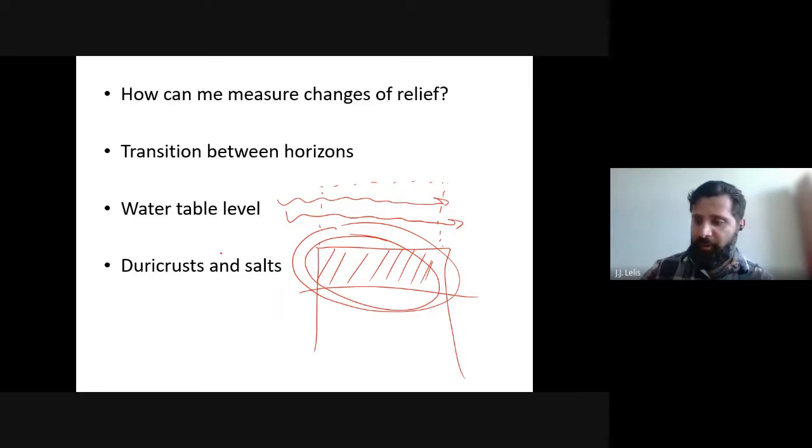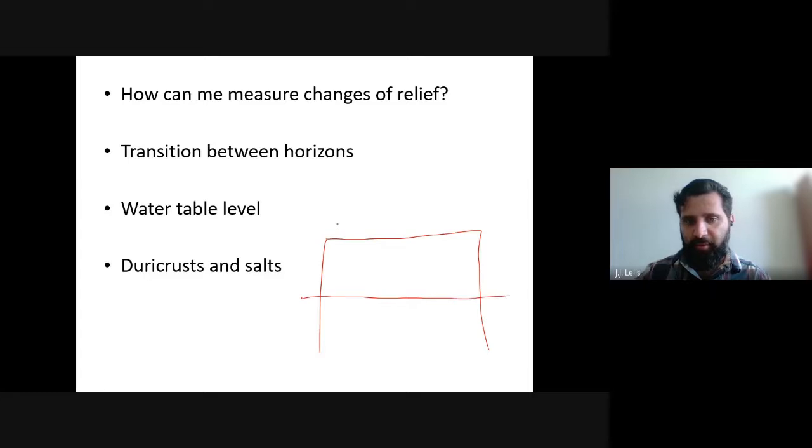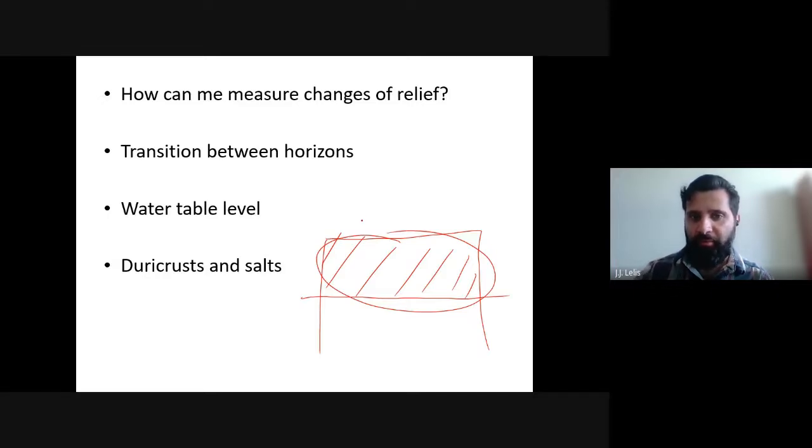So it's quite common to find some of these iron crusts or silicon crusts or cemented crusts on the surface, but they are not formed on the surface. They were formed in subsurfaces, and now they are exposed by erosion.